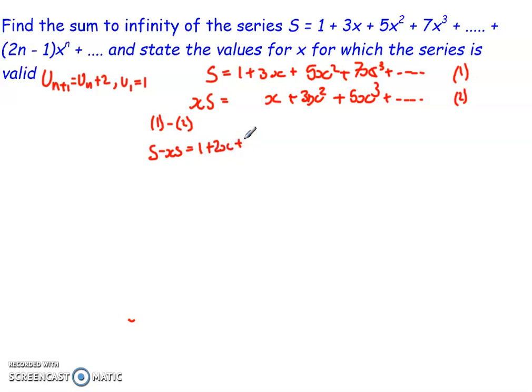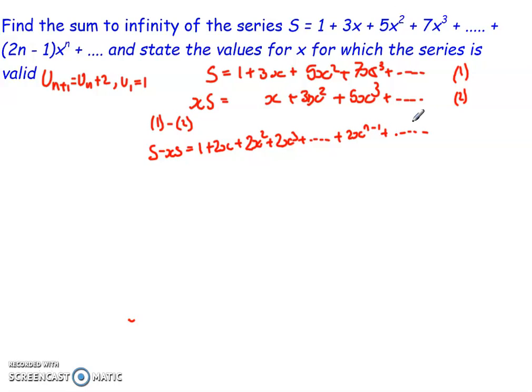I'd have 5x squared take away 3x squared, so plus 2x squared. I'd then have 7x cubed take away 5x cubed, so plus 2x cubed. So my generic term anywhere along here would be 2x^(n minus 1), and that would continue for the unlimited amount of terms that I choose. So there we go, we've got a general format for that series.